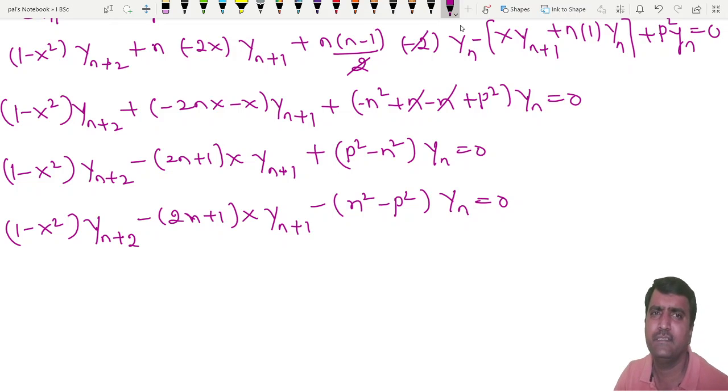Otherwise you stop here itself. It is not a mistake. Both are correct answers. P square minus n square is nothing but minus of n square minus p square, of yn is equal to 0.